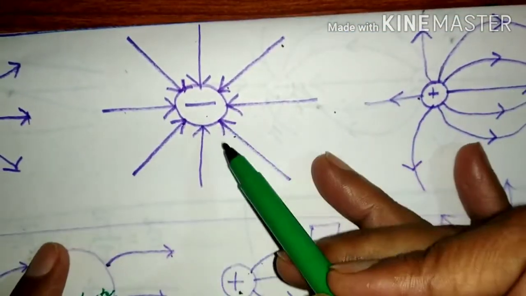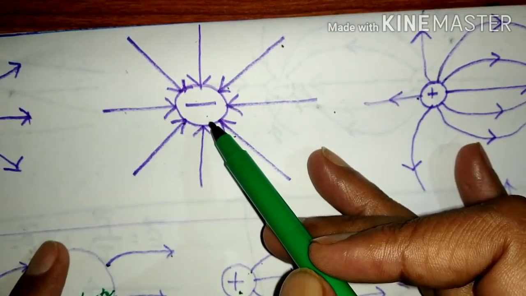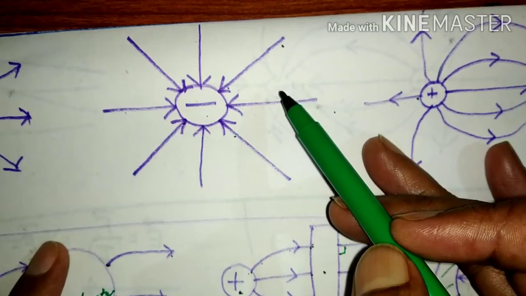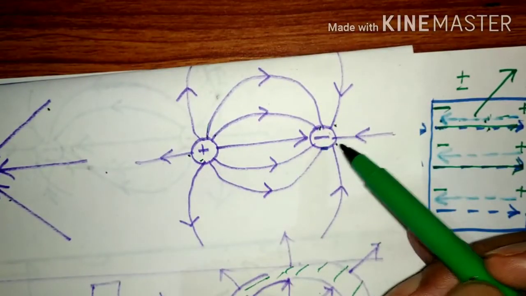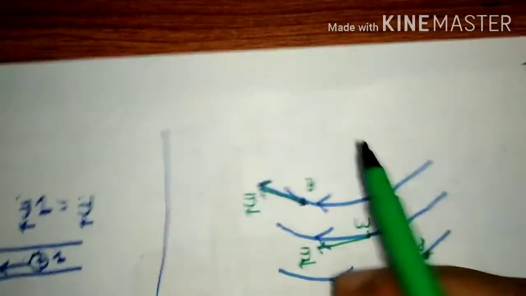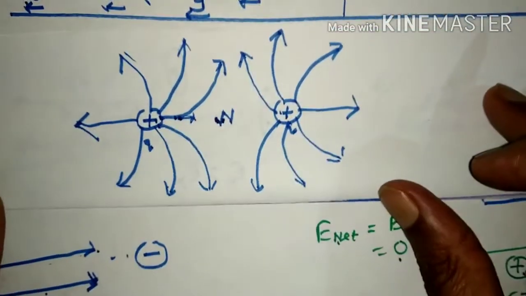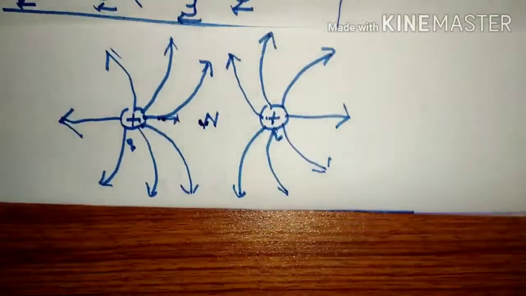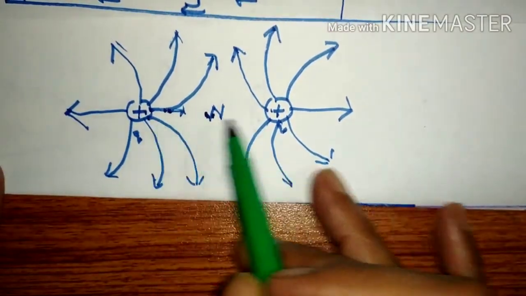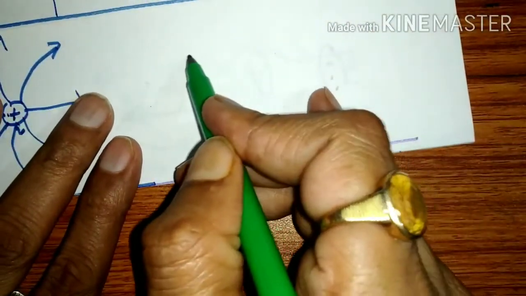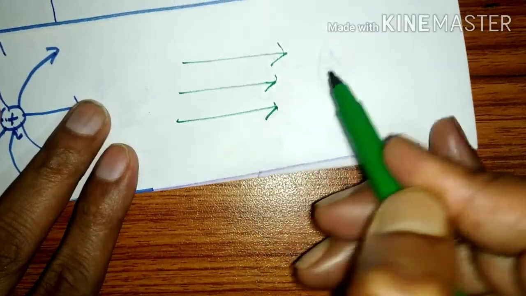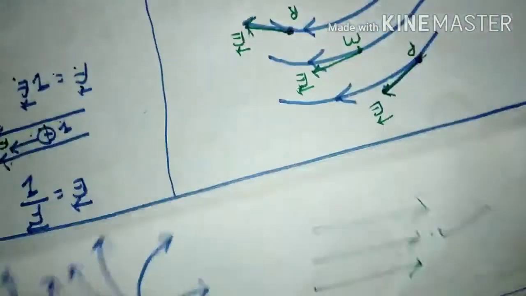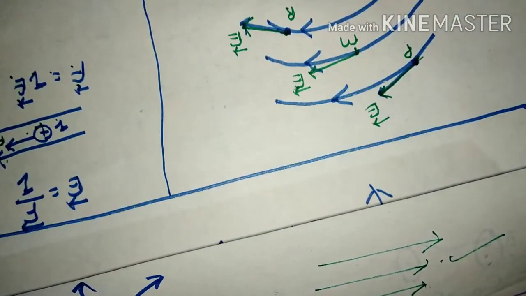Similarly, due to a negative point charge, electric field is also non-uniform, and due to a system of positive and negative charges, or due to two identical charges, these are non-uniform electric field lines. But if somewhere this is the representation equally spaced in the same direction, then this is the uniform electric field. So thus we conclude the properties of electric field.